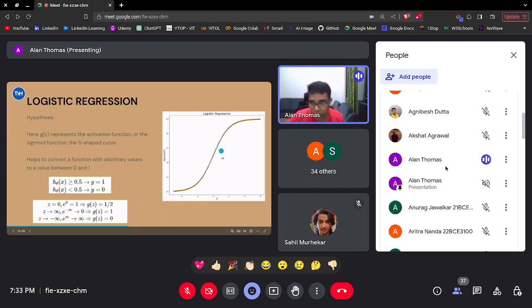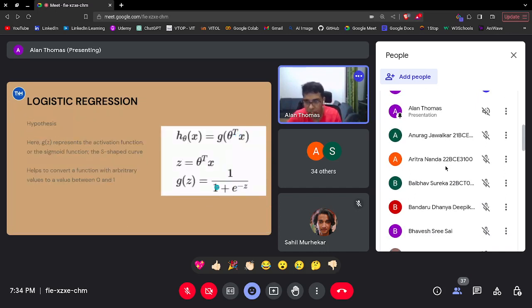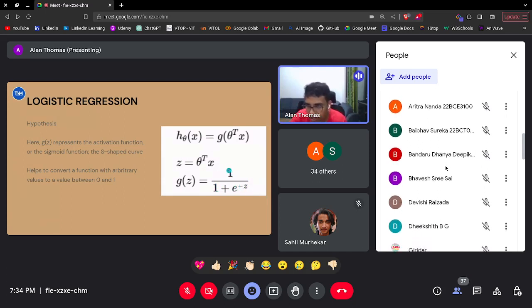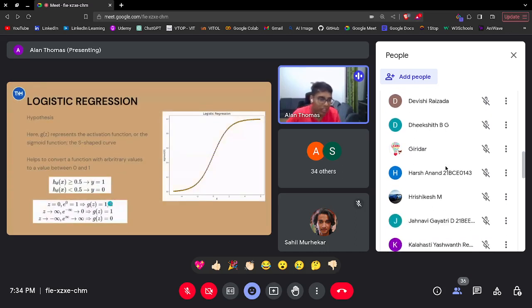And then if z is tending to infinity, it becomes 1 by 1 plus e to the power minus infinity. That means 1 by 1 plus 1 by e to the power infinity, which becomes e to the power infinity over 1 plus e to the power infinity, which is infinity by infinity, which you can kind of say is 1, not exactly, but yeah.